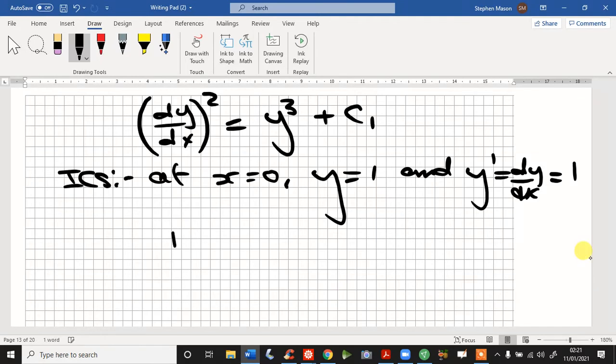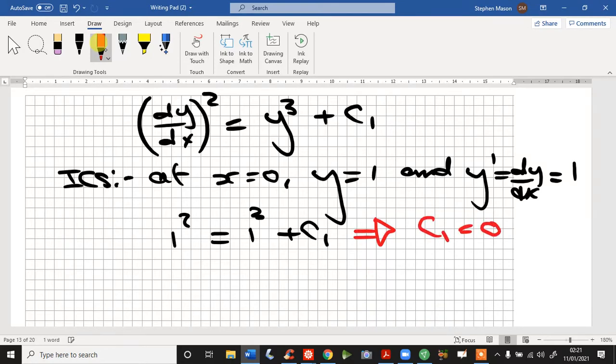So therefore we have 1 squared equals 1 cubed plus c1, and as you can see, this implies that c1 equals 0. You just subtract 1 from both sides, c1 is 0.